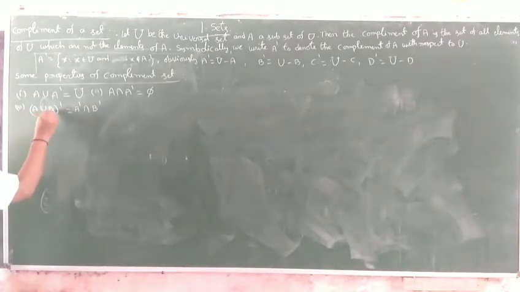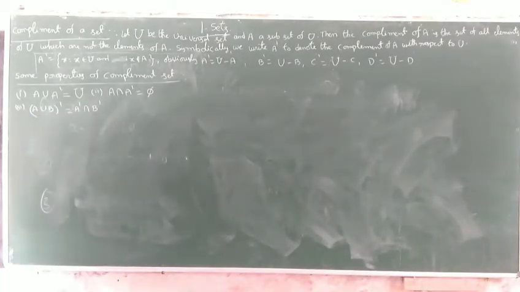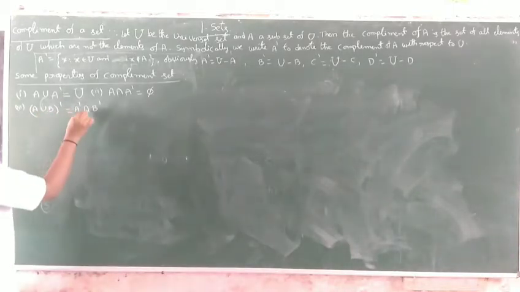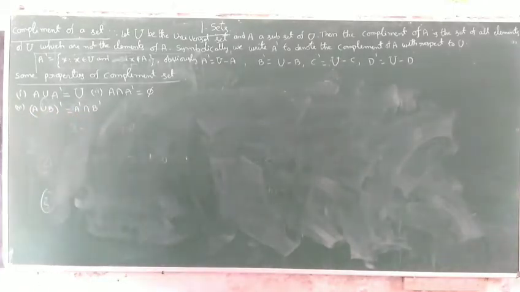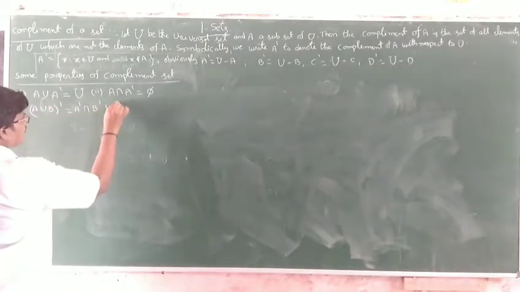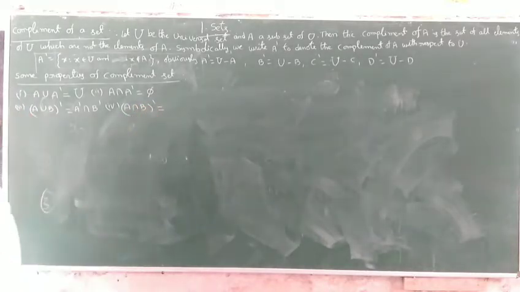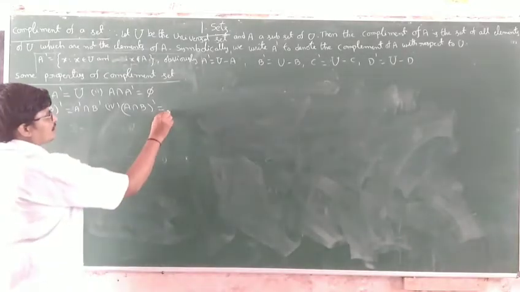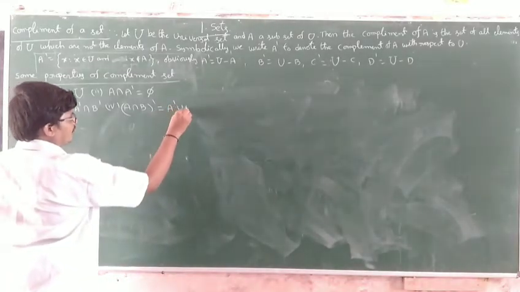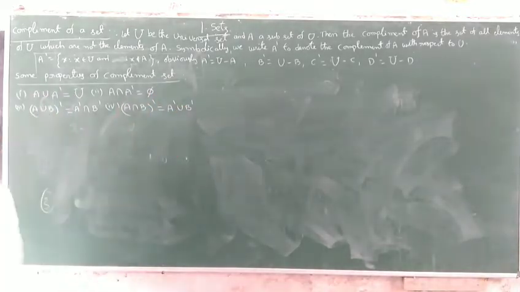So union becomes intersection when complemented: union complement is intersection, and intersection complement is union. The fourth one is A intersection B whole complement is equal to A complement union B complement.